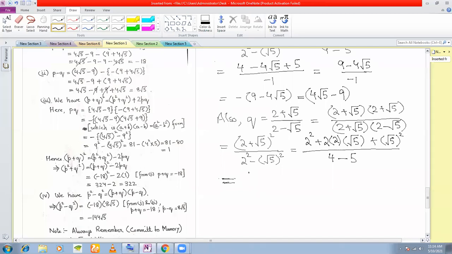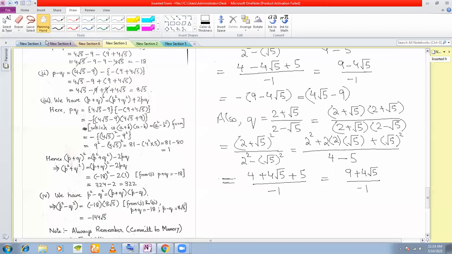So this is 4 plus 4 root 5 plus 5, divided by 4 minus 5, which is minus 1. Again, you have a negative sign in the denominator. So what you do here is you simplify the numerator first. You get 9 plus 4 root 5 divided by minus 1.